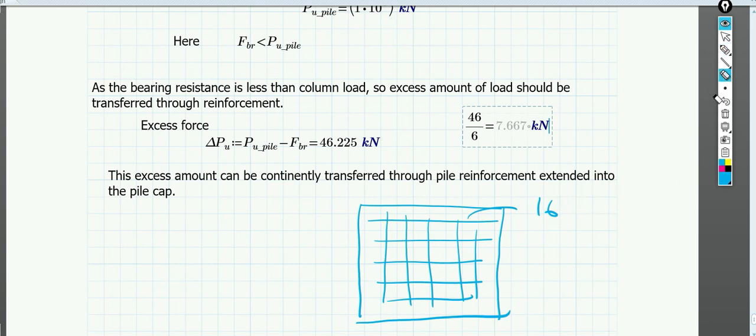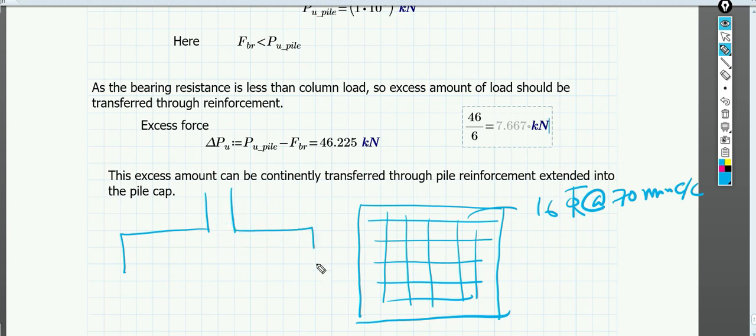16 mm bars at the rate of, say, suppose 70 mm center to center, as well as if you see the cross section of the pile cap, it will be something like this, where the bars will be put inside.